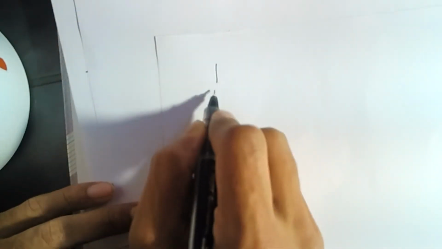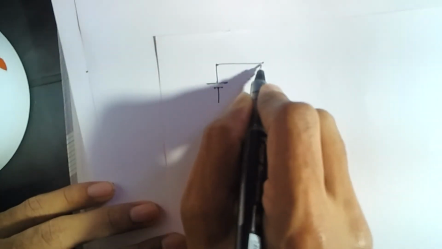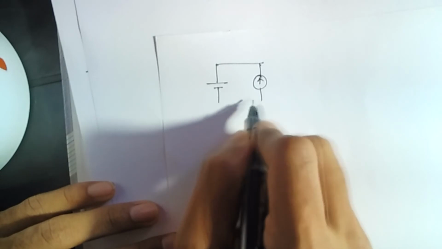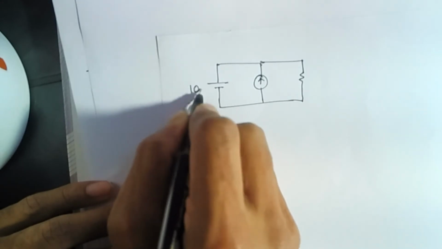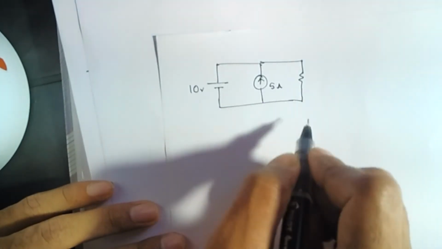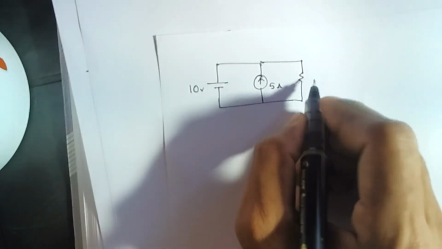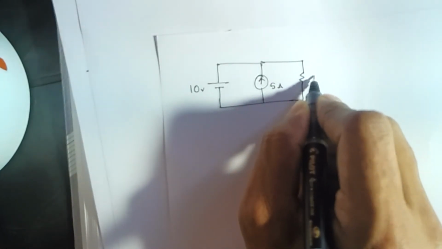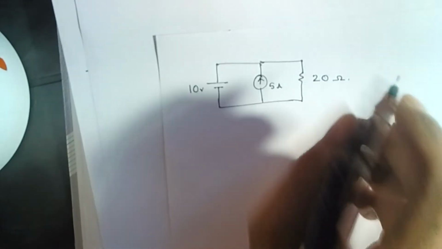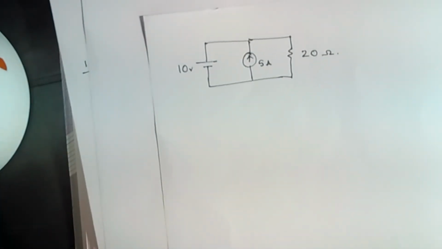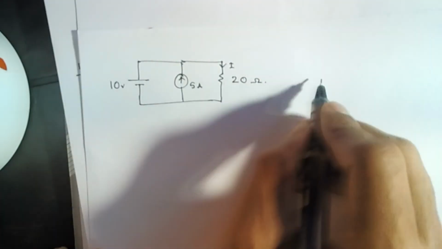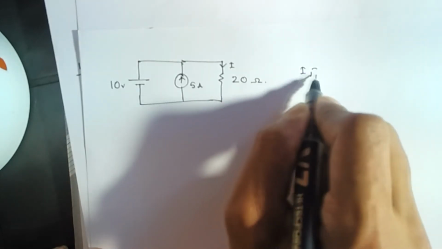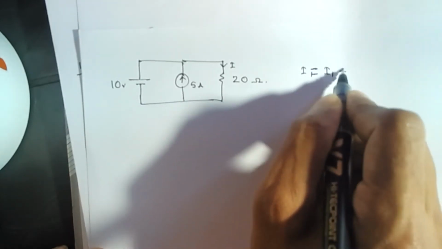Okay. Now if we connect a voltage source with a current source in parallel, this is 10 volt and this is 5 amps. How much current will flow through this way? Let's consider this is 20 ohm. So current through this resistance is I. So I equals I1 plus I2.